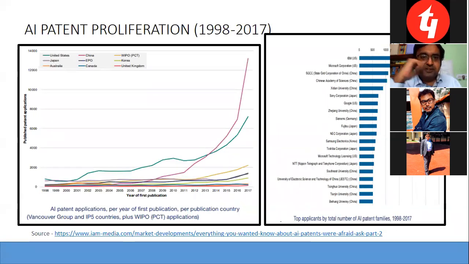Okay. So let us understand how much importance patents have in this artificial intelligence domain. If you look at this curve, various countries like the United States and specifically now China are filing a huge number of patents each year. All of the curves are almost exponential, and post 2011 they are rising very steeply, very drastically.